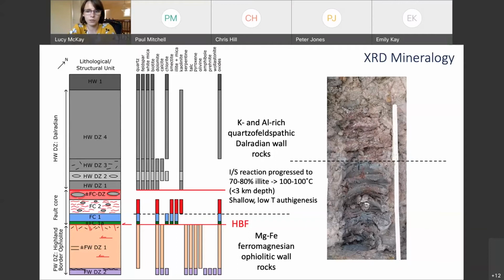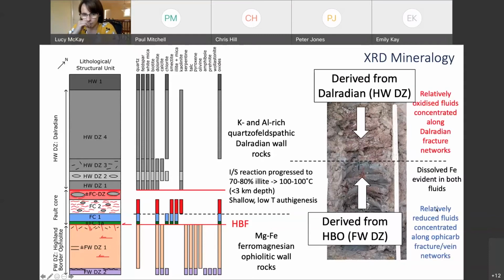Therefore, it can be assumed that the blue gouge is chemically derived from the Highland Border Ophiolite wall rocks, whereas the red foliated chaotic breccia has been derived from the Dalradian crustal quartz and feldspathic-rich wall rocks.